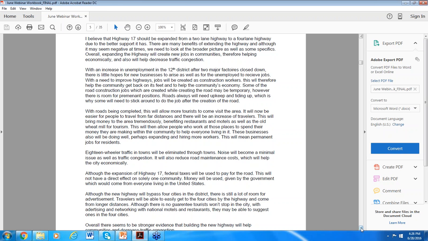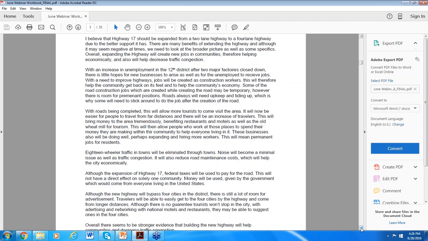The other thing as you're going through there is that having those roads completed allows more tourists in. So again, the student keeps using the evidence that is tied from Representative Wall's information. So it's not a matter of the student having thought all this stuff up.